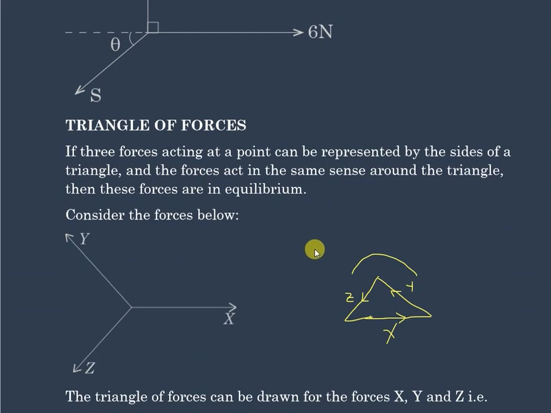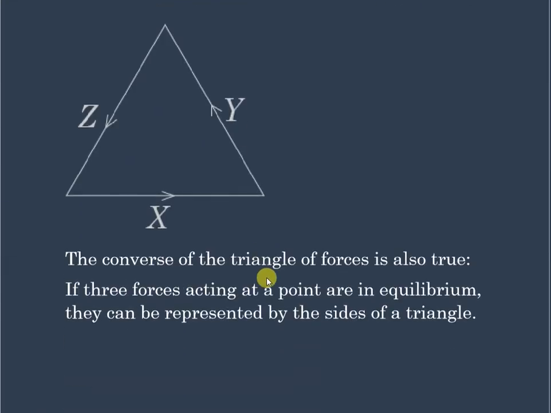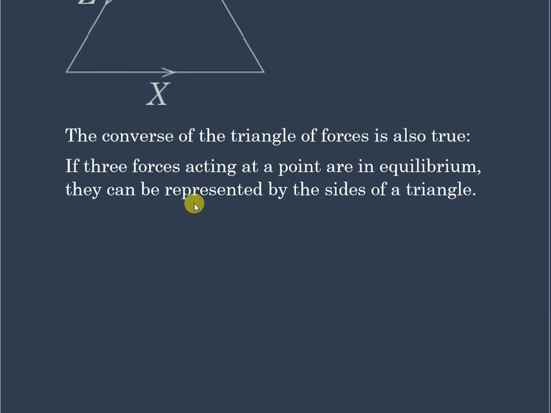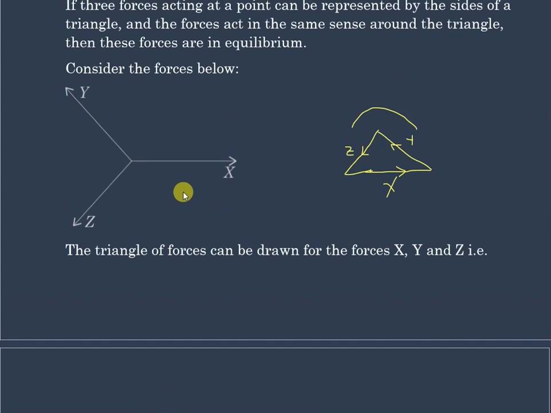The converse is saying that if 3 forces acting at a point are in equilibrium, they can be represented by the sides of a triangle. A theorem and its converse, both of them are true. If you can draw a triangle from the forces, then they are in equilibrium. Then the converse is that if the forces are in equilibrium, then you can have a triangle from those forces. That is the triangle of forces.